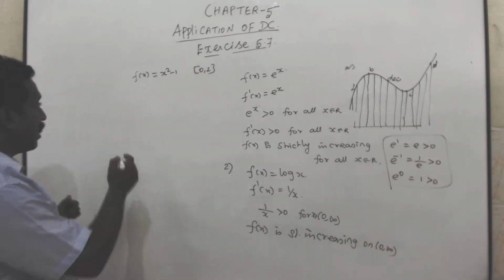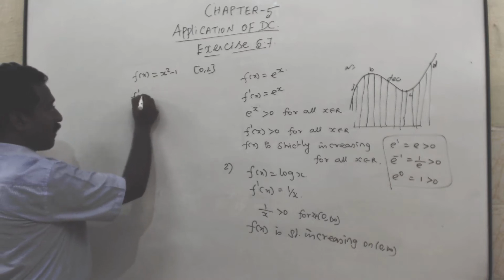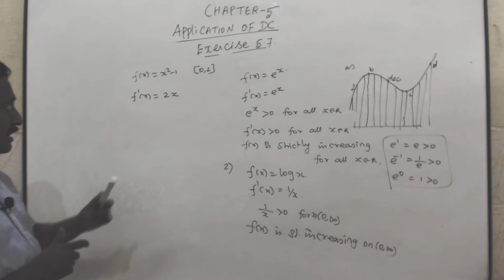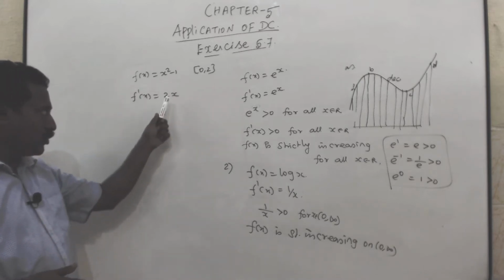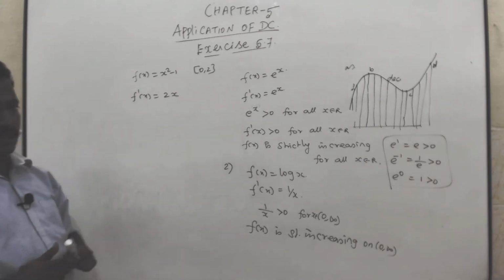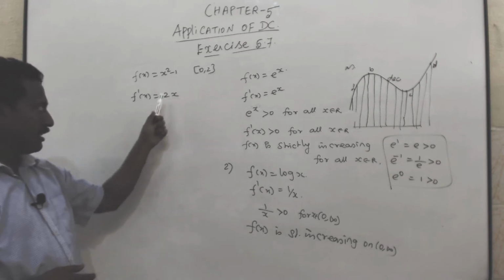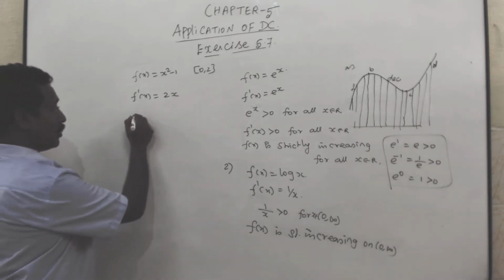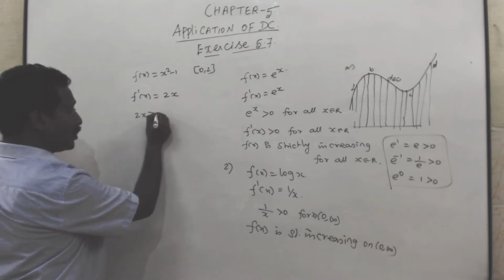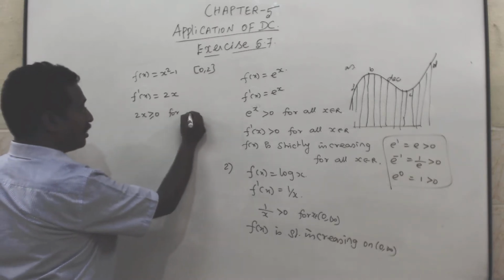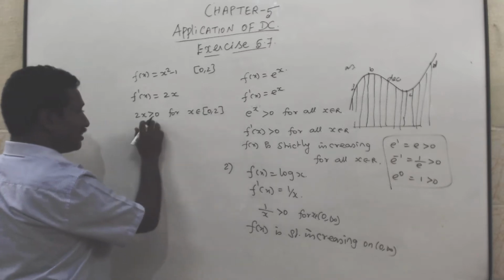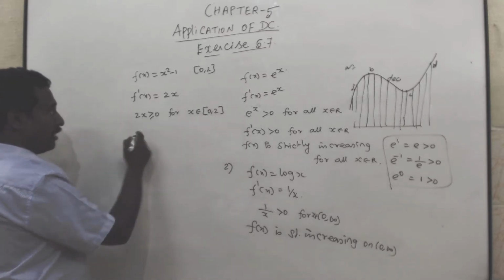Listen, f dash of x is 2x. A closed interval means it includes 0. When we substitute x equal to 0, the answer is 0. When we substitute x equal to 2, the answer is positive. Therefore, 2x is greater than or equal to 0 for all x belongs to [0, 2], either 0 or positive in the interval.